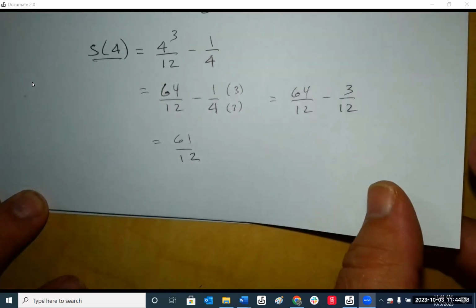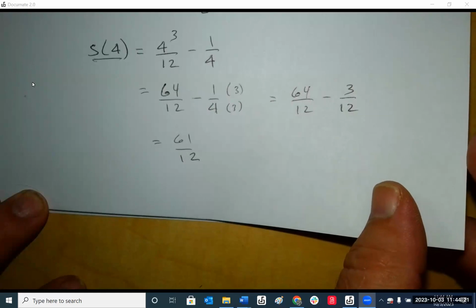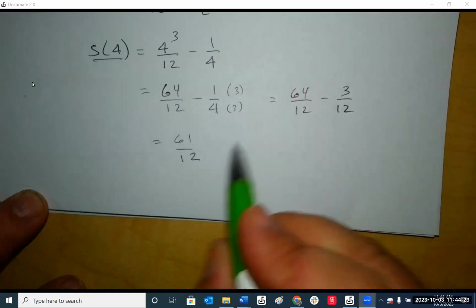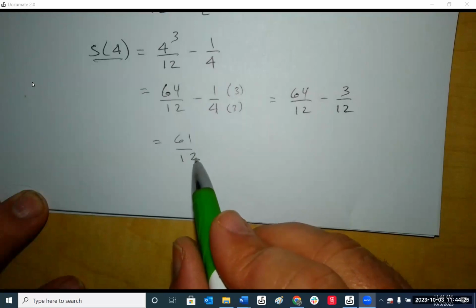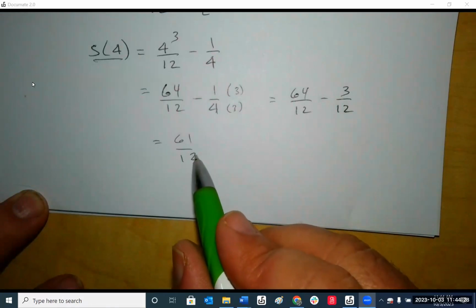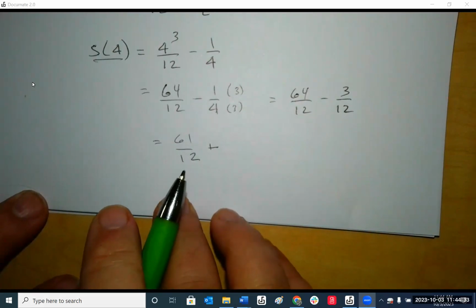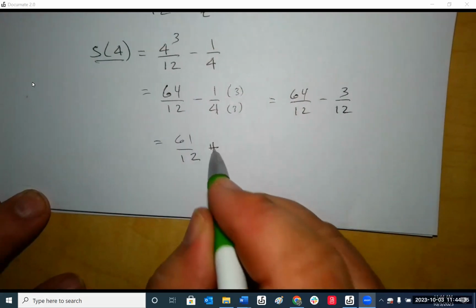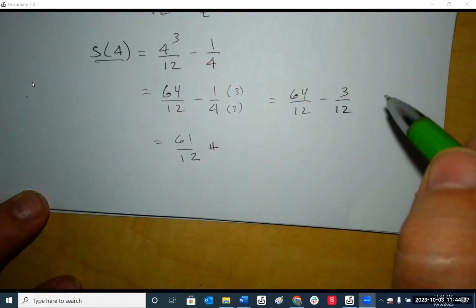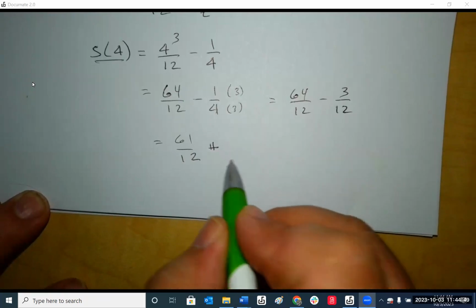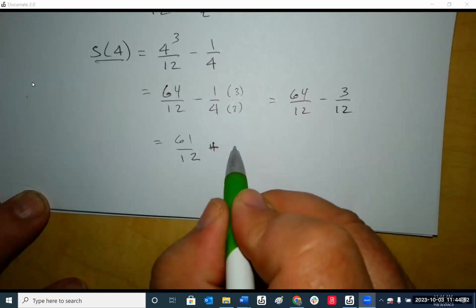Where's the other point? Minus, this should be plus.